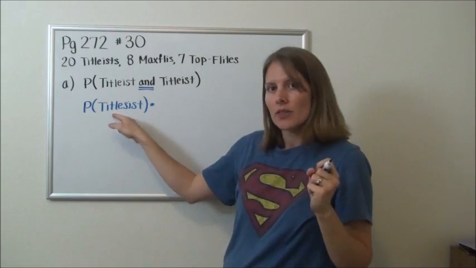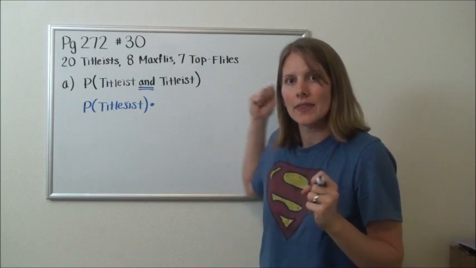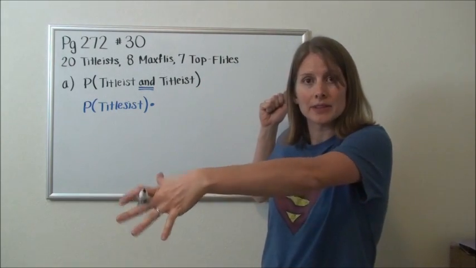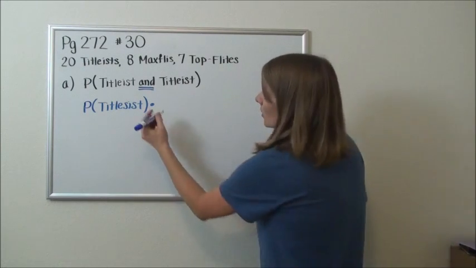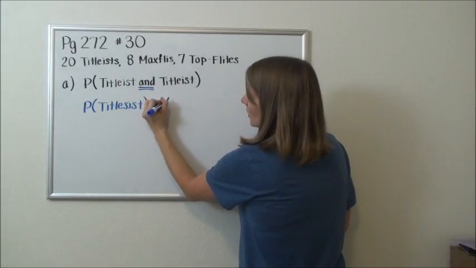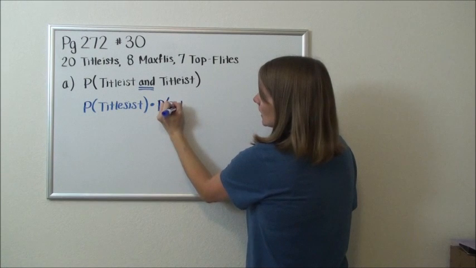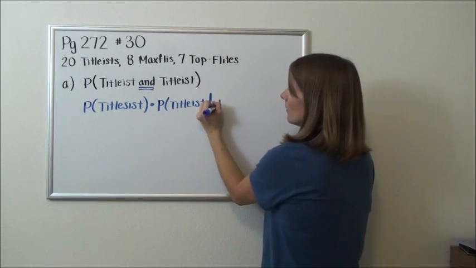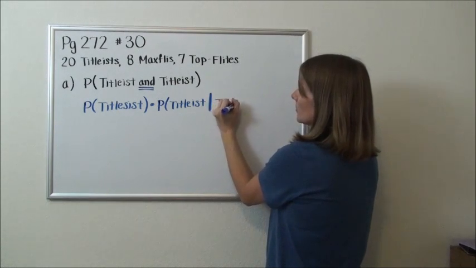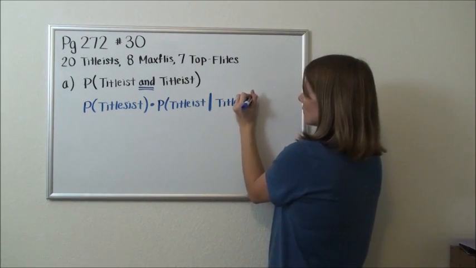If I take the first golf ball and it's a Titleist and I hold on to it, now when I go to grab the second golf ball, the bag looks different than it started. So I want to know the probability that my second golf ball is a Titleist, given that I've already got a Titleist from the bag when I grab the first one.